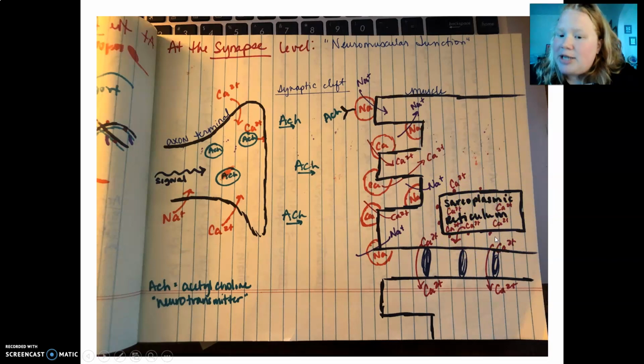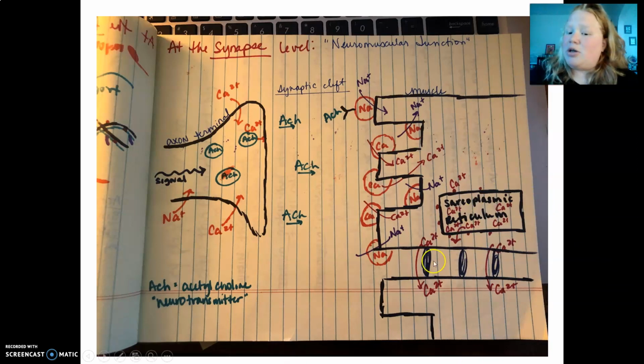The sarcoplasmic reticulum is a storage place for calcium. So it will dump all of its calcium once calcium binds to it, and that is called calcium-induced calcium release. It's like we're flooding the muscle fiber with calcium. That way you have enough calcium to make the muscle contract.